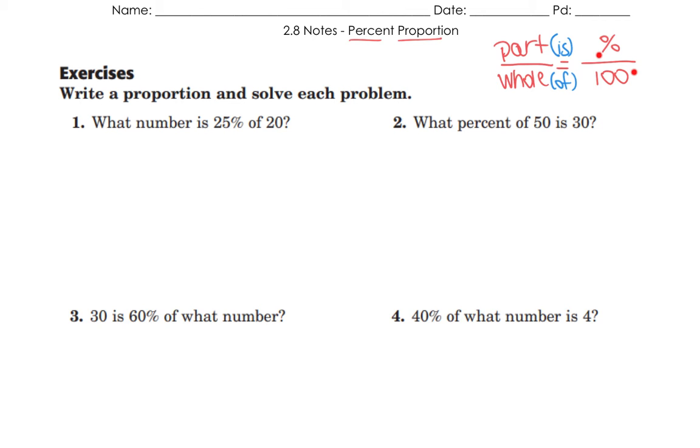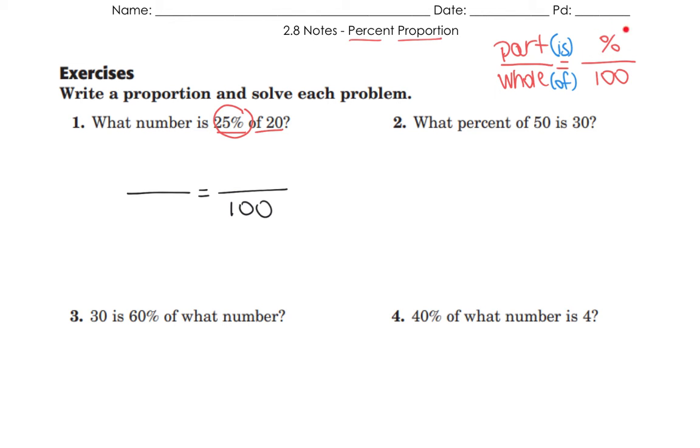So number 1 says, what number is 25% of 20? So we're going to set up a percent proportion. So I know that there's always going to be a 100 in the bottom right. So now in the problem, we're given what number is 25% of 20. So 25% has the percent symbol with it.